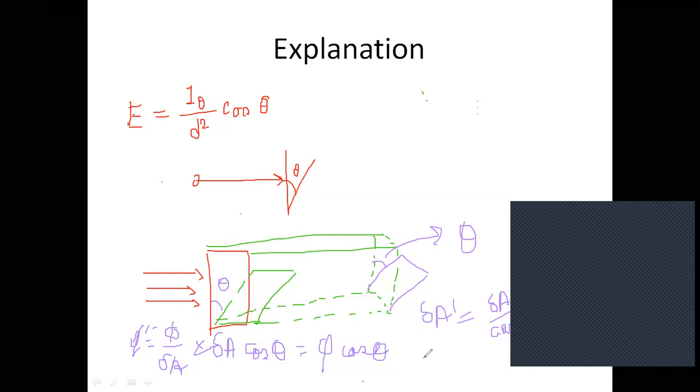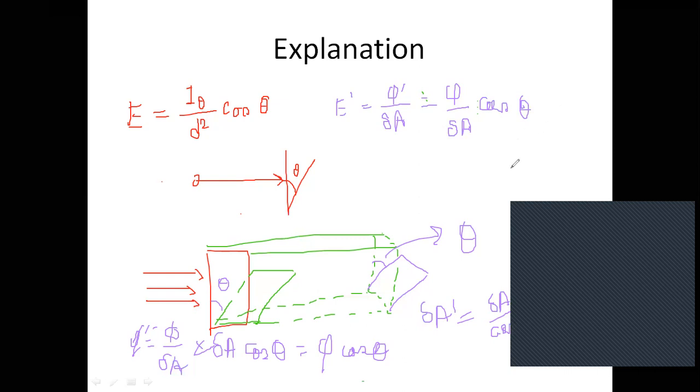Now the illuminance at the del A region is given by E dash equal to phi dash by del A, equal to phi by del A cos theta.